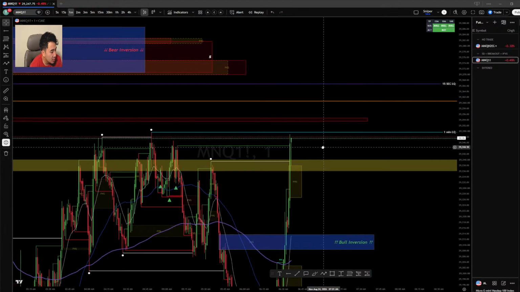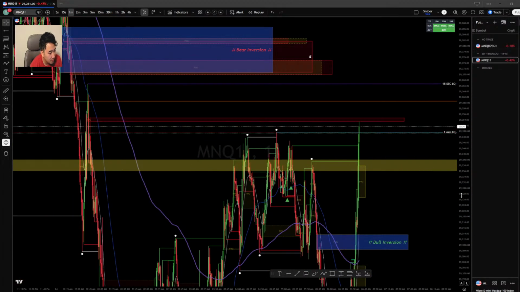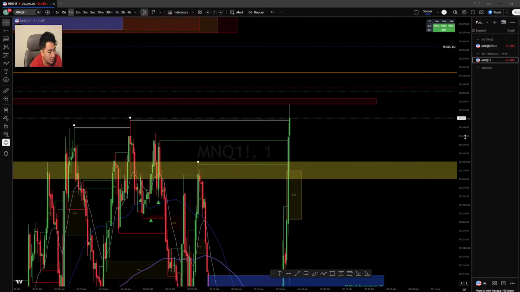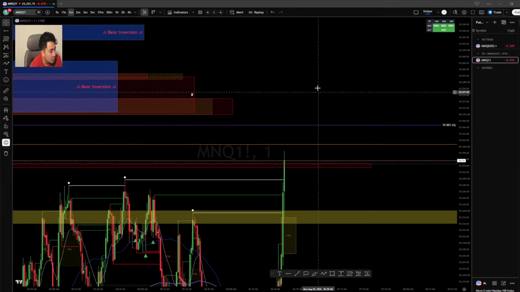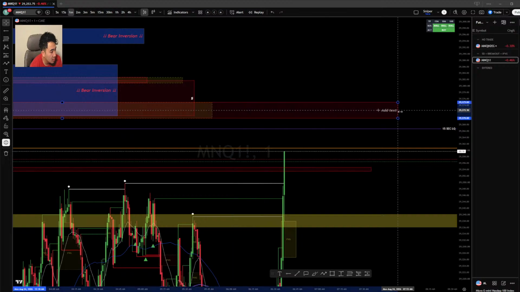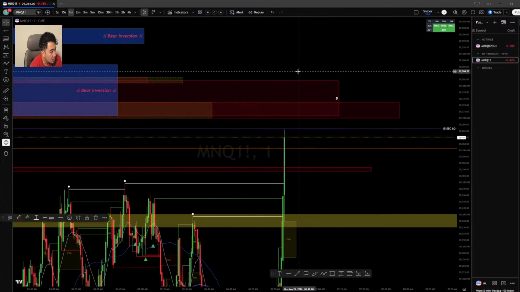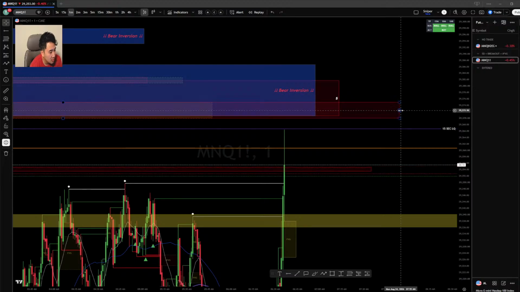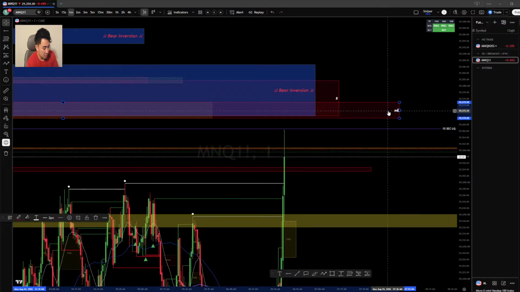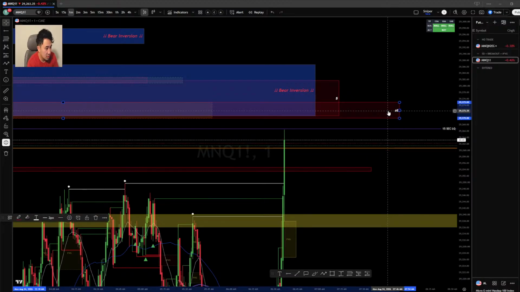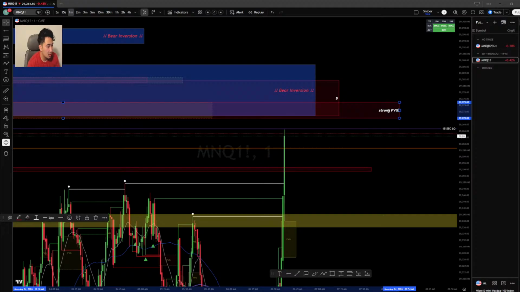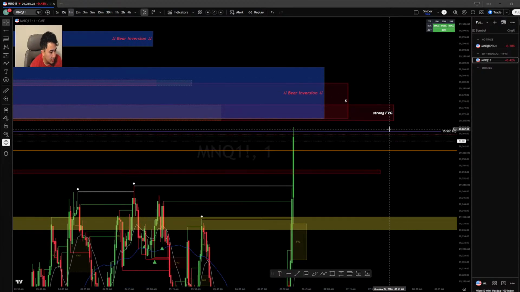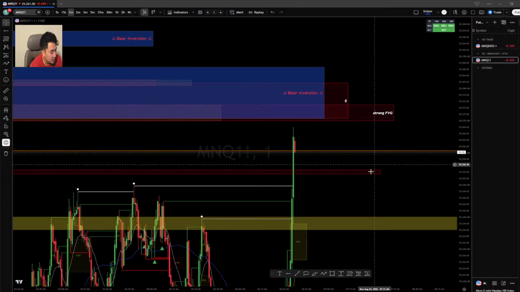Otherwise, it'll just keep going up and take out this 1 minute liquidity here. All right, we have a lot of bearish structure at the top here, so this is going to be a strong FVG. It's connected to this bearish inversion. Took out this 15-second liquidity.